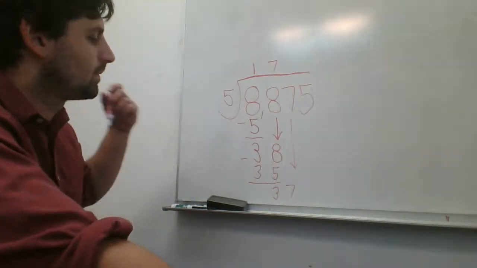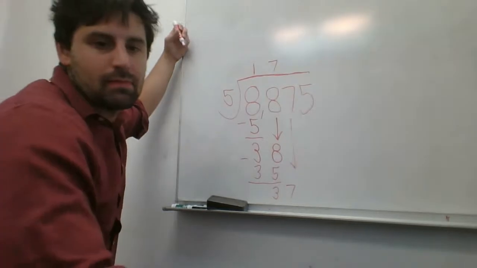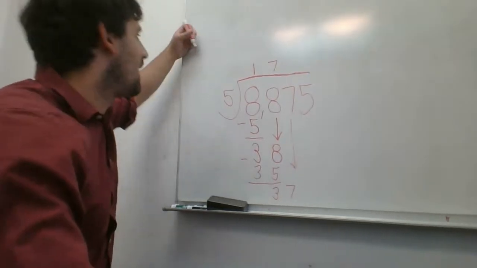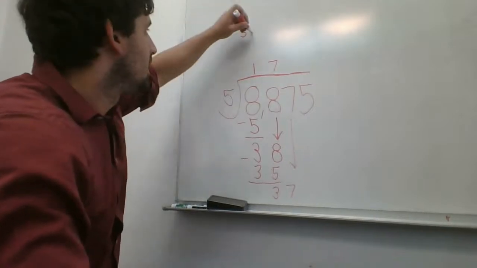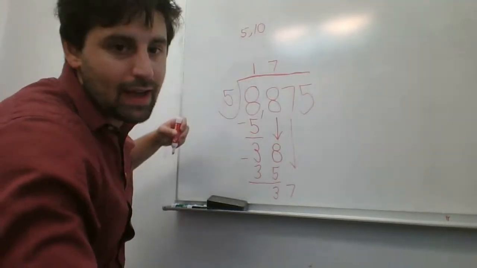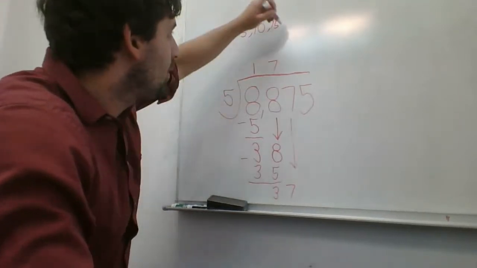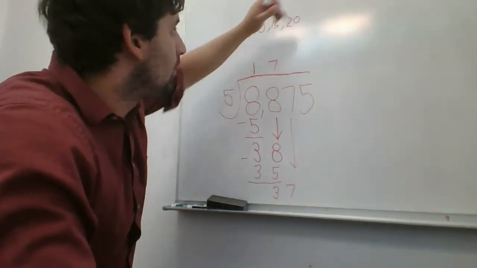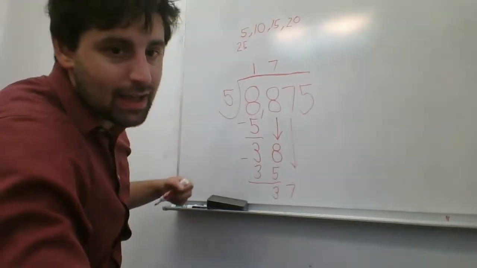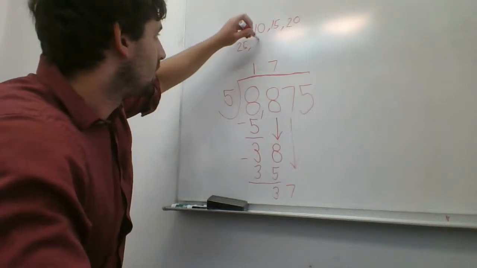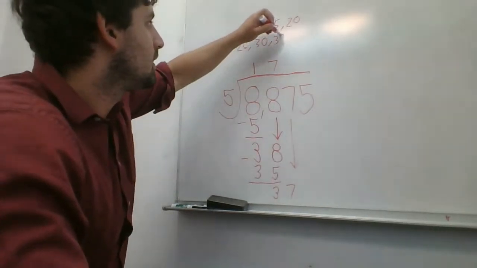37 minus. Could draw the groups on the board again. Yeah, I might as well. I mean, I could have left them. All right, I'll draw them again. All right. So 5, that's 1 group of 5. 10, 2 groups of 5. 15, 3 groups of 5. 20, 4 groups of 5. 25, 5 groups of 5. 30, 6 groups of 5. 35, 7 groups of 5.